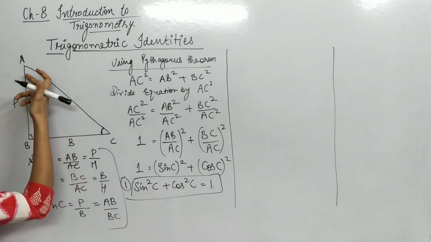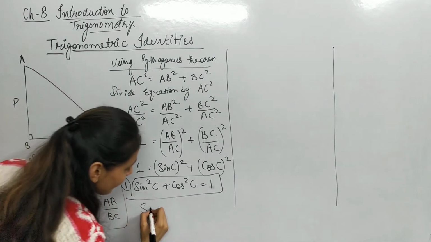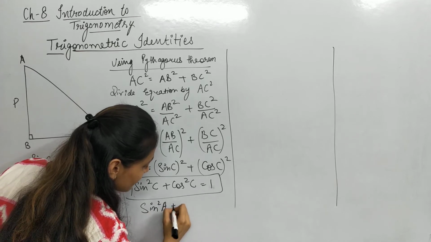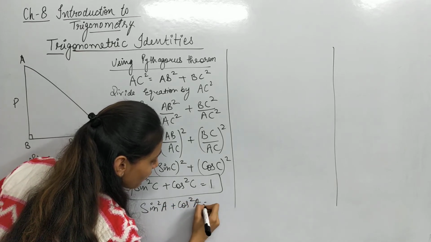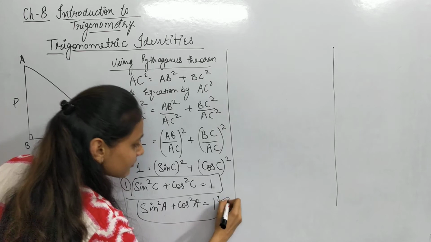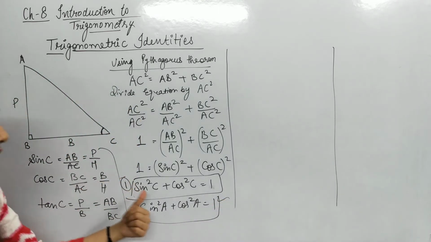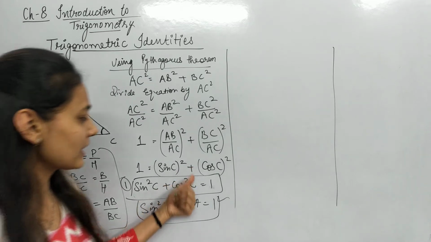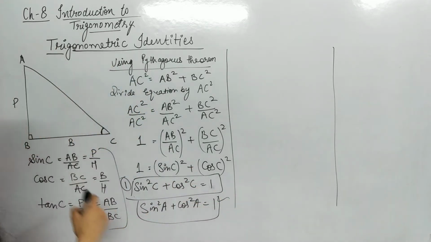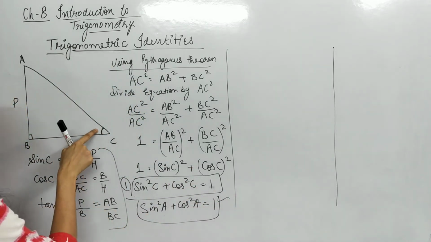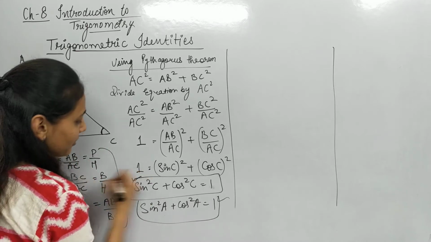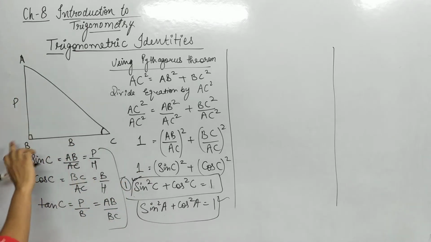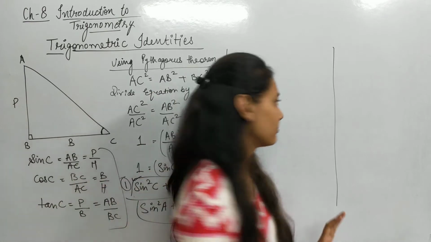Or if you take angle A, then you will get sin square A plus cos square A is equal to 1. Whatever angle you take, sin square of that angle plus cos square of that angle gives you 1. We proved it with sin C, but if you take angle A, the identity will remain the same.